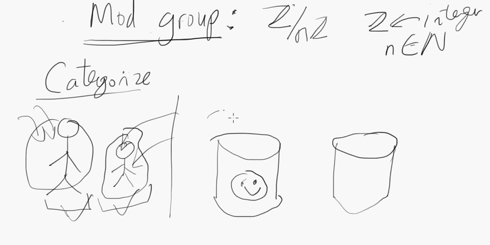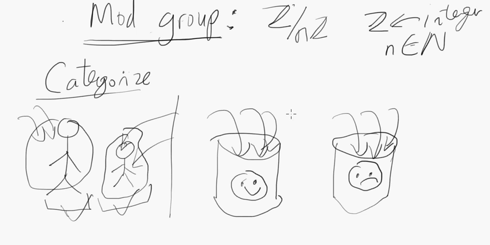If you're happy, you fall into this bucket, so all the people who are happy fall into the bucket called happy, and all the people who are sad fall into the bucket called sad. The entire universe of people now has two representatives, happy and sad. This bucket represents all those people who are happy, and this bucket represents all those who are sad.